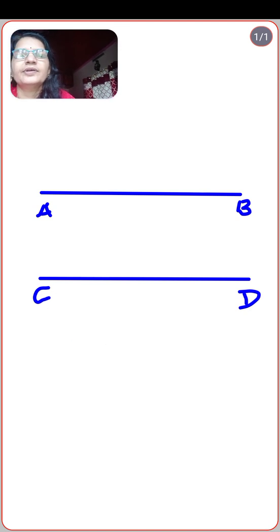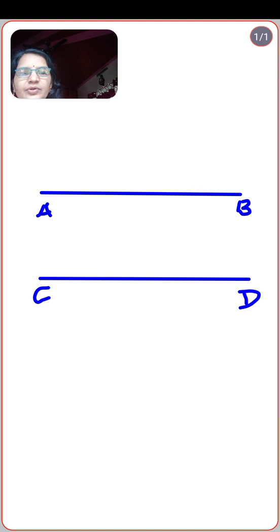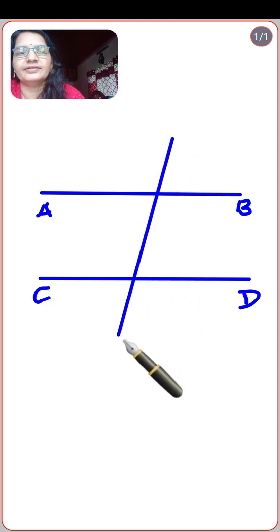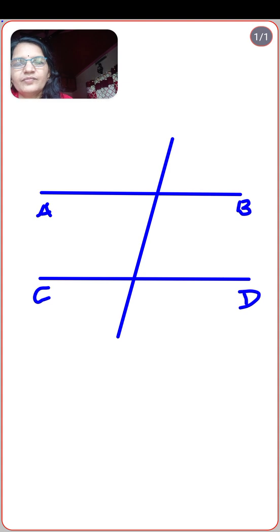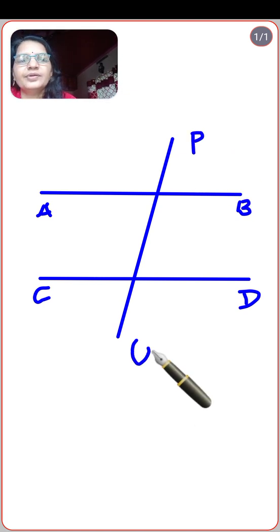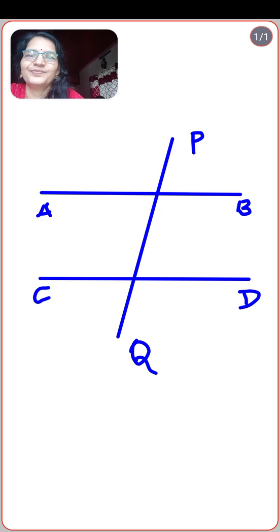Okay, line CD. And I'm going to draw a line which intersects AB and CD like this. Let me give the name PQ. We know the name PQ is a transversal.